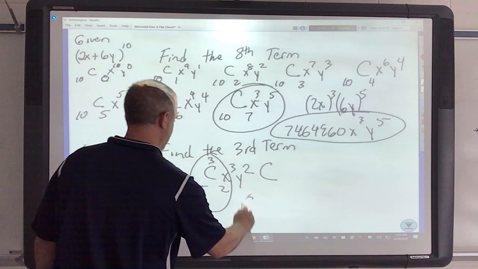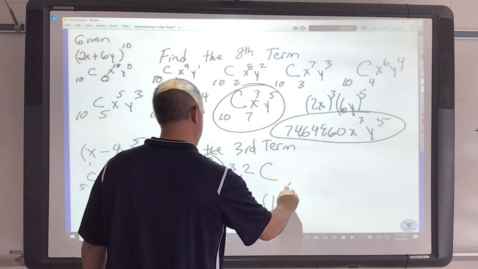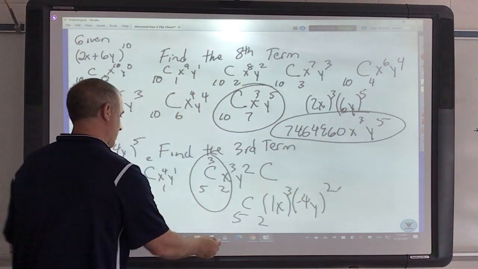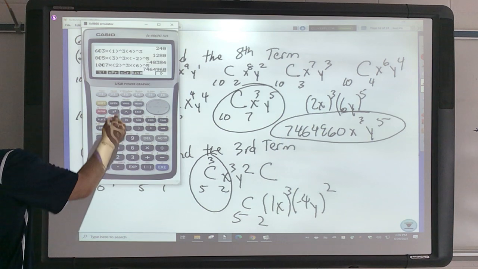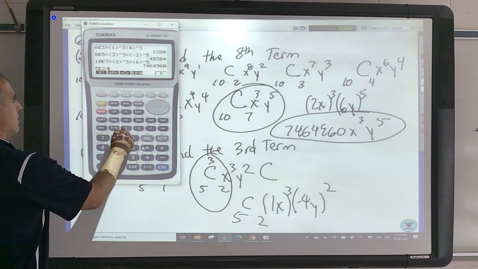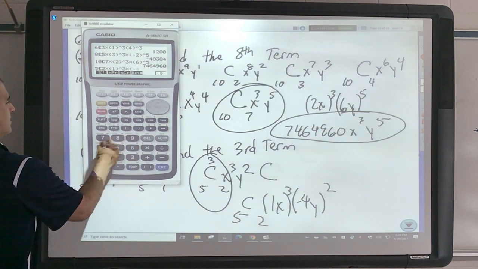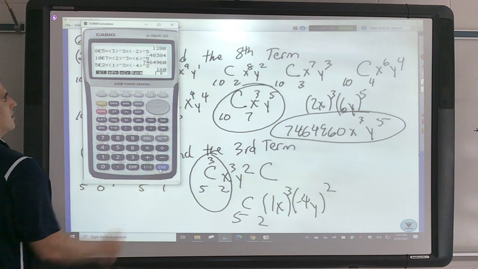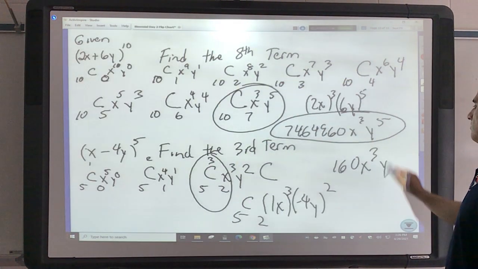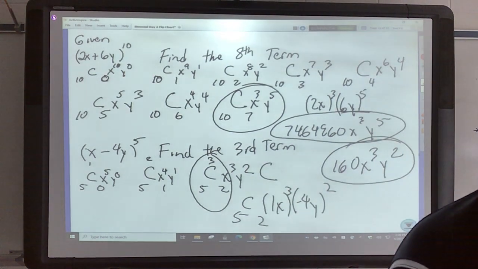So I would have C5 2, 1 times x to the third, negative 4y squared. So 5 choose 2 times 1 to the third times negative 4 to the second. 160 x3 y2. And we'll continue to practice that a little bit more as we go.